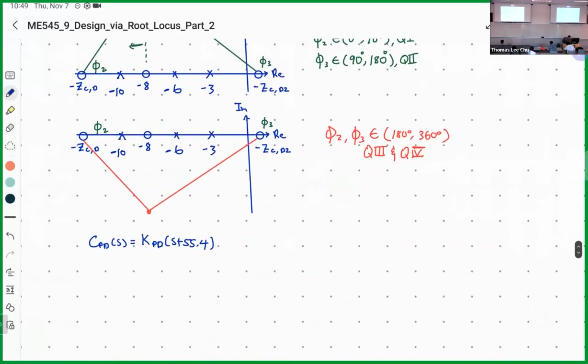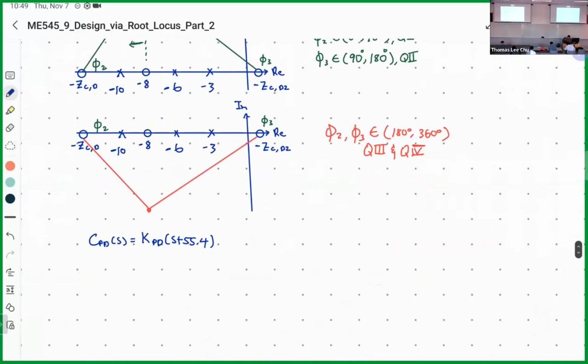So now we need to figure out the corresponding gain.